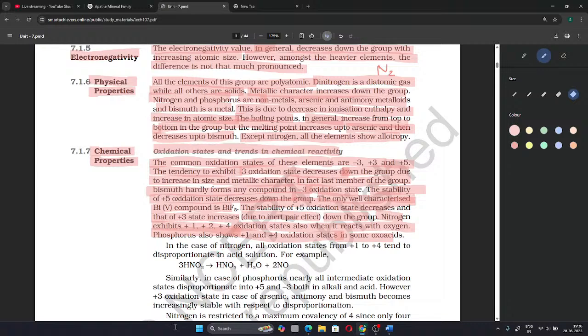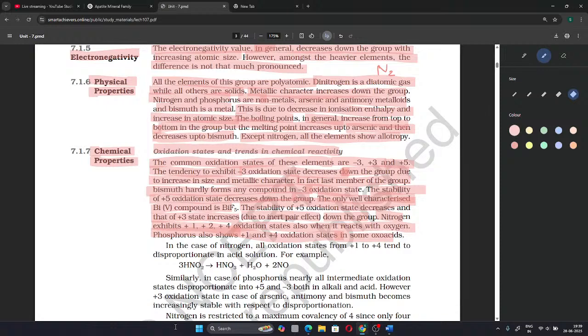Basically, they show three kinds of oxidation state, which are +3, -3 and +5. As we go down the group, -3 decreases and +5 decreases as well, as heavier elements are not stable in high oxidation states.